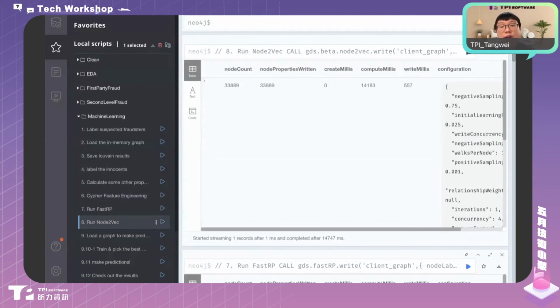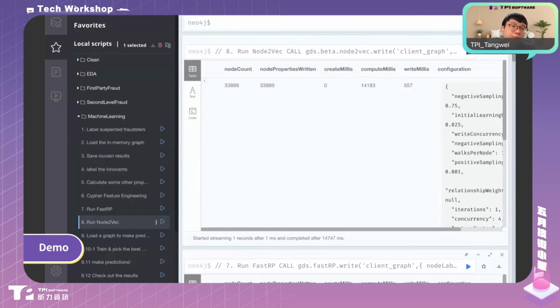So we will use the FastRP algorithm to perform the node embeddings. And then we will perform another node embedding algorithm called Node2Vec. So Node2Vec is a node embedding algorithm that computes vector representations of a node based on random walks in the graph. So we will use the Node2Vec algorithm to perform another way for our node embeddings.